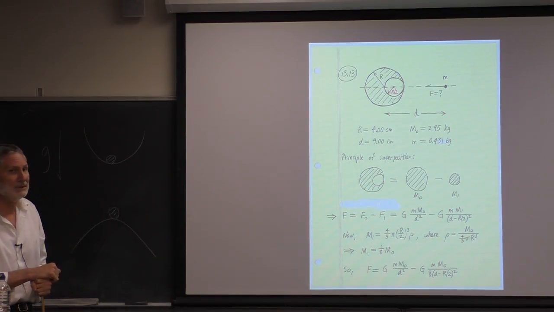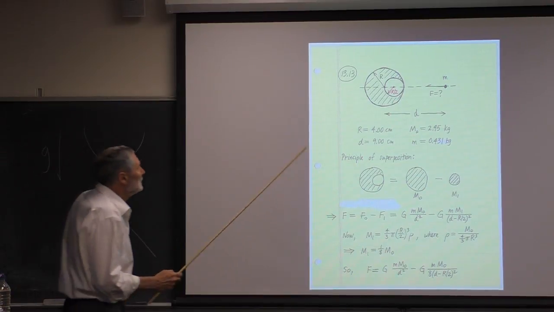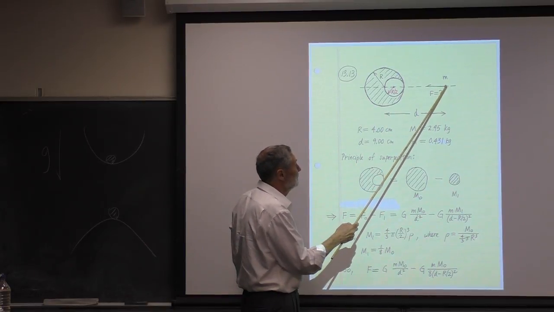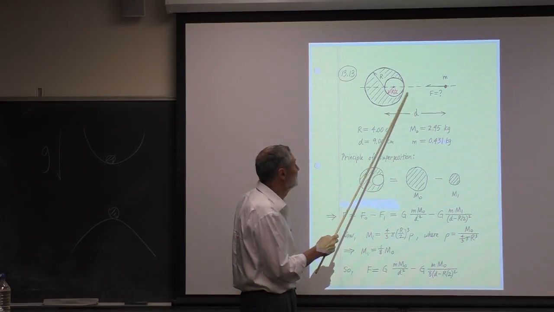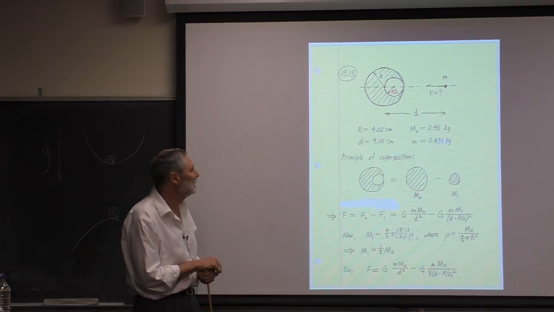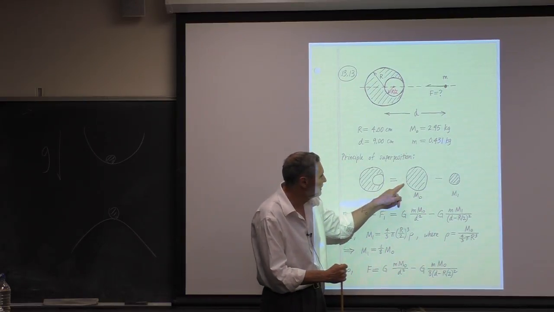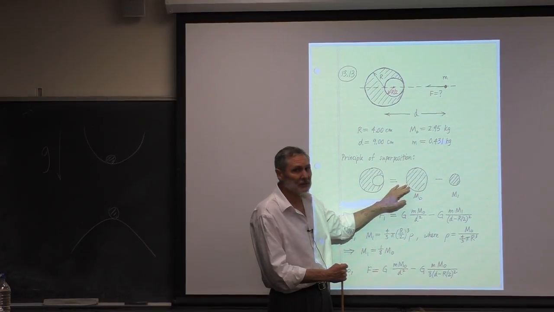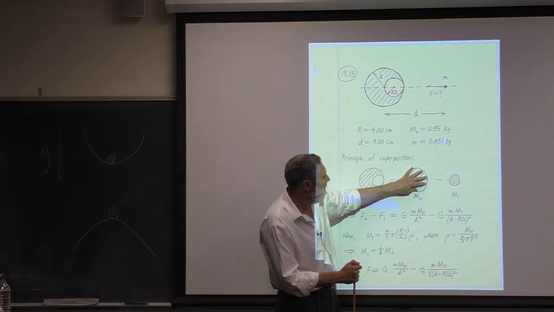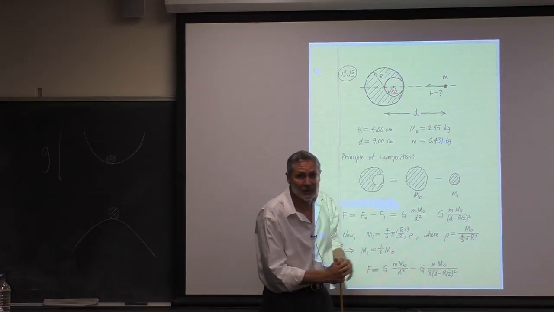But there's actually a much easier way of doing it, and it's using the principle of superposition, which is simply that the total force here is the sum of all the individual forces for all the mass elements here. So you want to be clever here, and the way you want to view this hollow sphere is as a superposition of a uniform sphere of radius big R. We find the force due to that, and then we subtract the force due to this sphere right here with the same material.